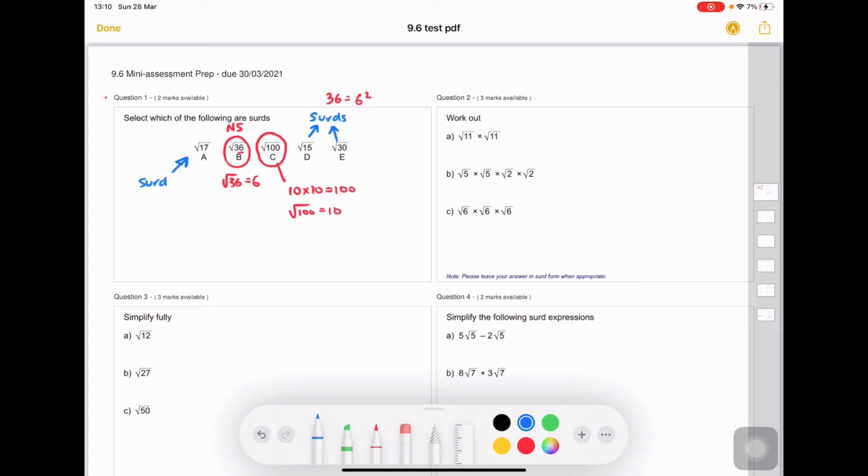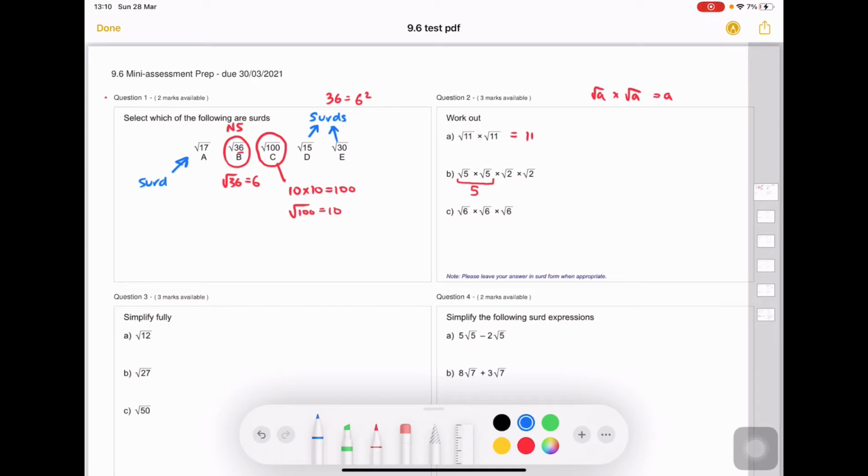Question 2. Root 11 multiplied by root 11. So that's just 11. Remember, square root of a multiplied by square root of a equals a. And so for the second one, we know that these two values multiplied together give you 5.